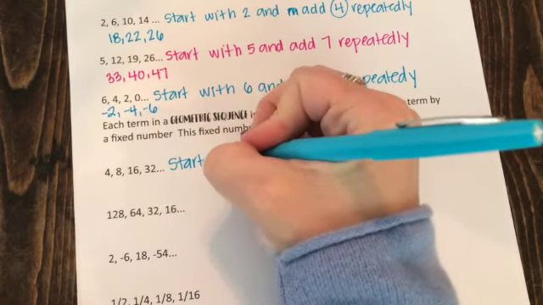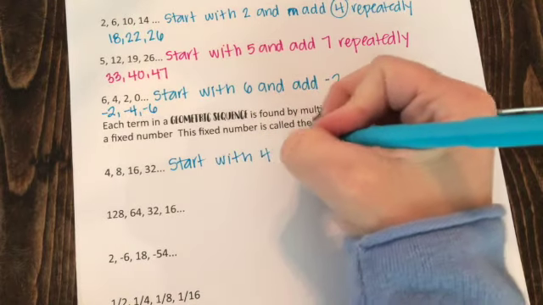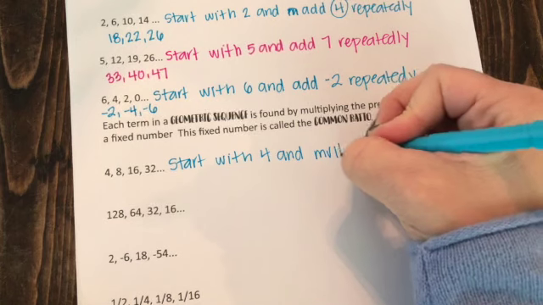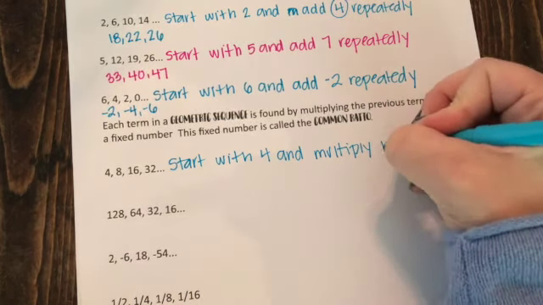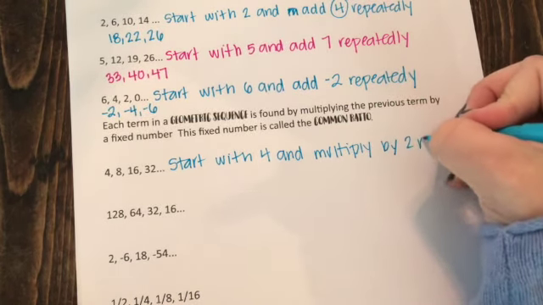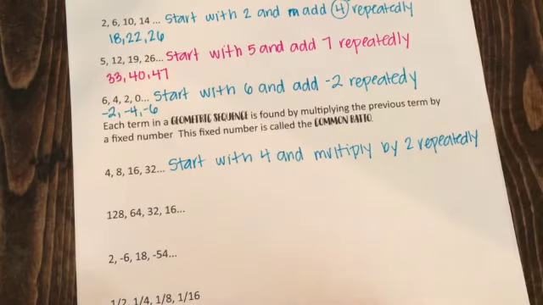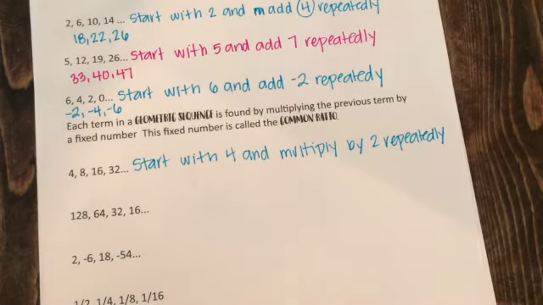So we know that what we're doing on this one is we're starting with 4 and multiply by 2 repeatedly. Okay, again, there's no shortcut. I know it is what it is.